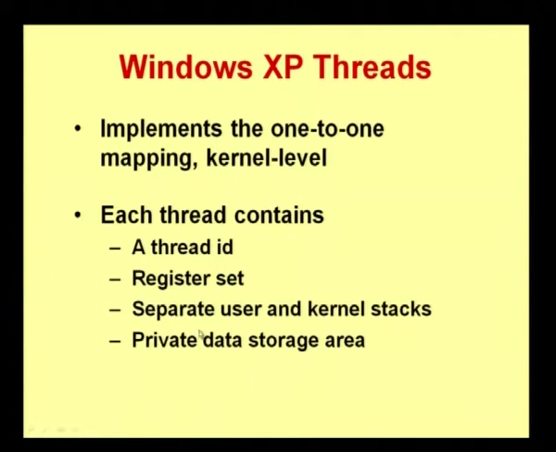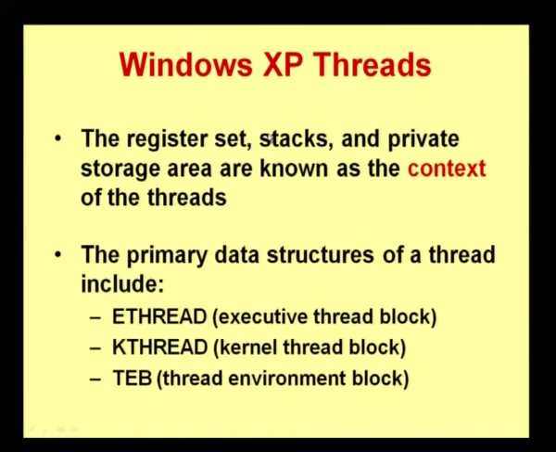So these are the four things a thread should contain, and all four are available in a Windows XP thread. The storage area containing all these contents, the registers, the stacks and the private storage area, is called the context of the thread.